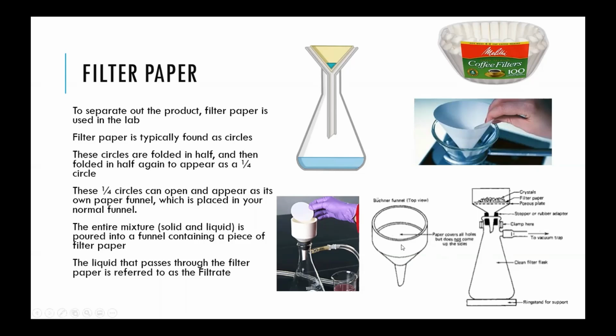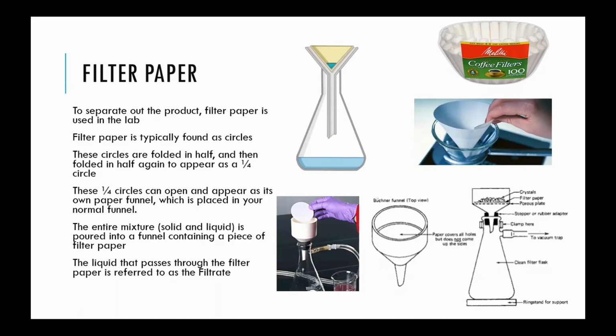In this setup, you have a little disc of filter paper put inside a funnel that looks like this, called a Buchner funnel. The bottom flask is hooked up to a vacuum, and it literally sucks all of the solution through that filter paper in a much faster way.